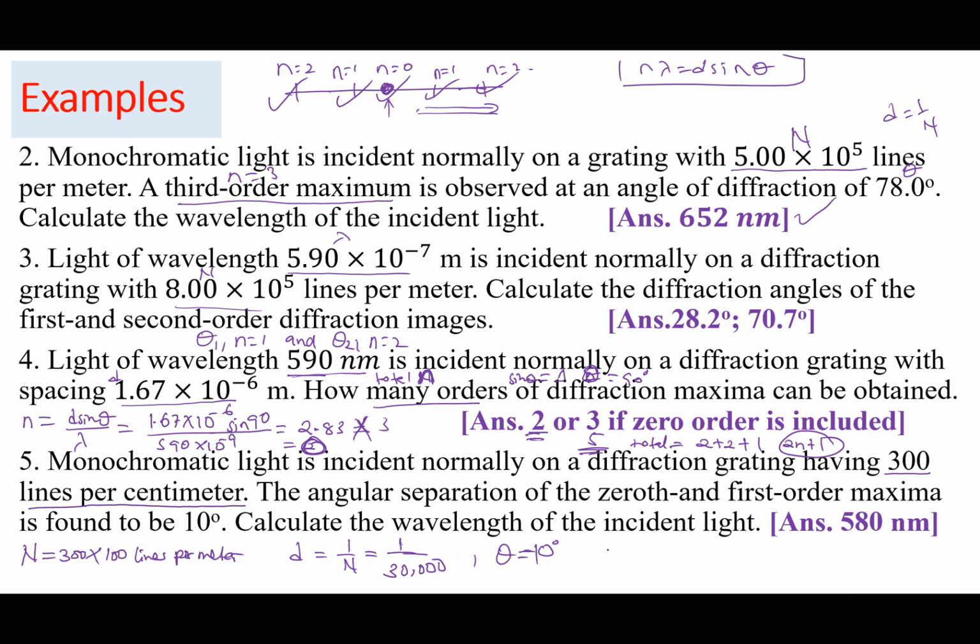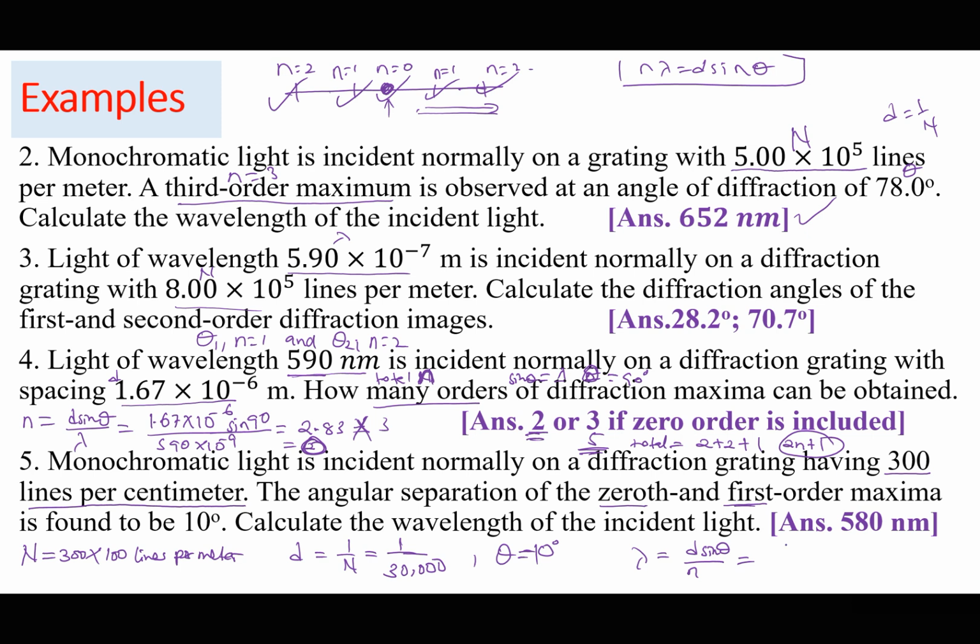So now we just substitute in the formula. So wavelength is going to be d sine of theta divided by n, because n was, they said, the zeroth and the first order, so n is 1. So this is going to be divided by n, so I'll just substitute.